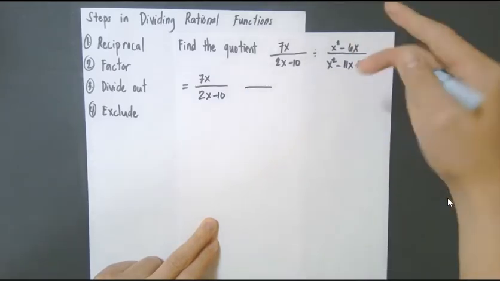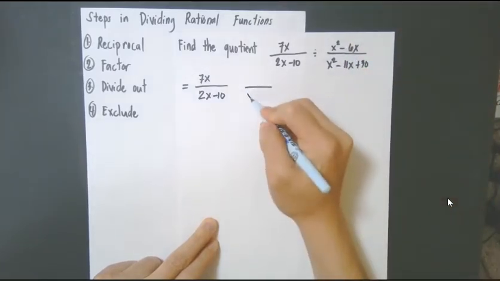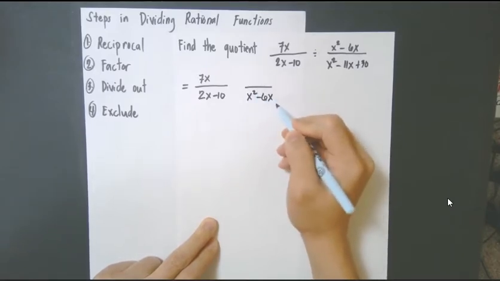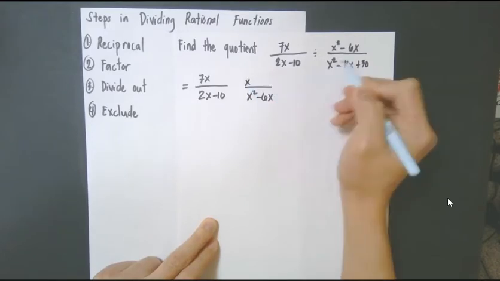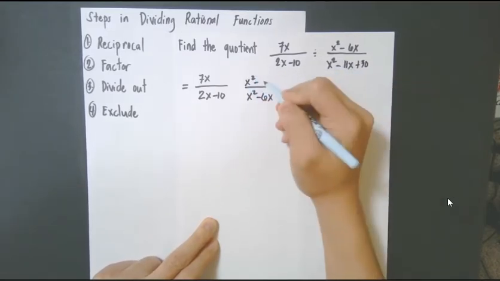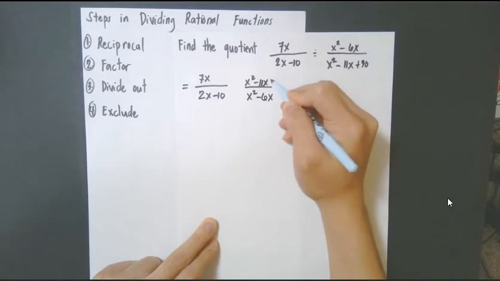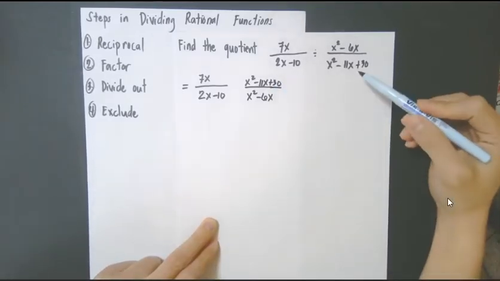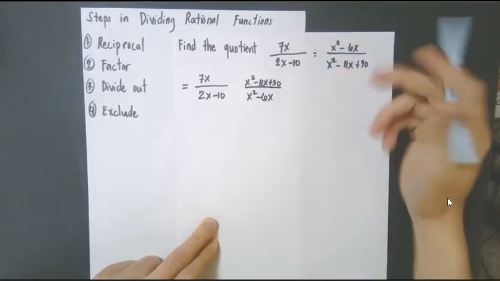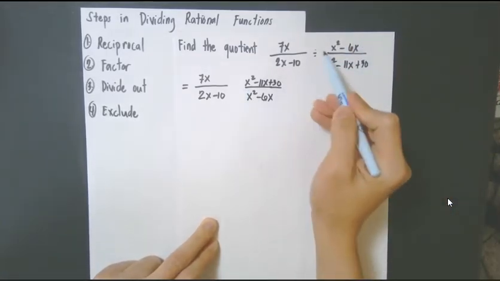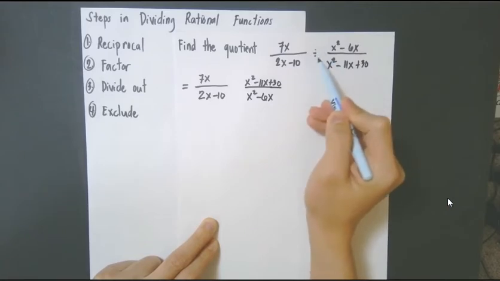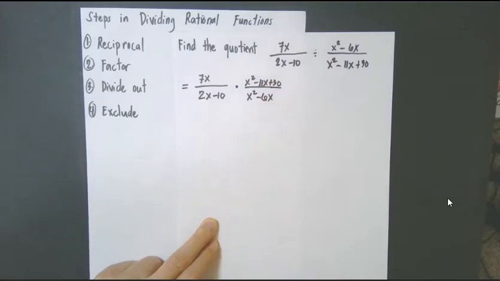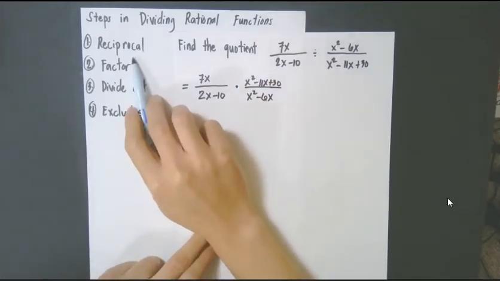Now we get the reciprocal of this, so x over x squared minus 6x will be your new denominator, and your x squared minus 11x plus 30 now will be your new numerator. Now, since we got the reciprocal of this, we need to change the division sign to multiplication sign. So that's how to do this first step.